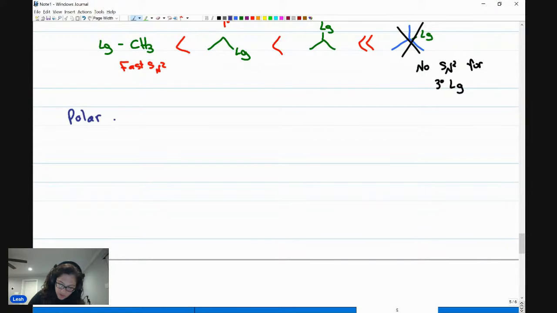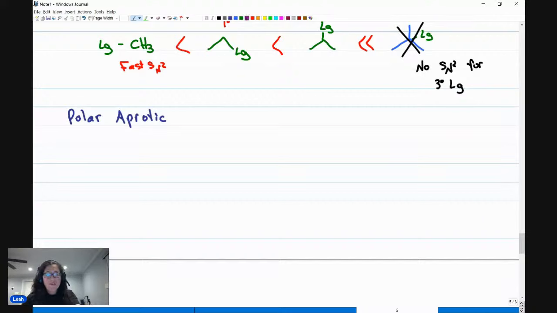The idea with a polar aprotic solvent, as opposed to the polar protic solvent, which we talked about but didn't name for the SN1 reaction, is that the polar aprotic solvent does not have hydrogen bonding, and therefore the polarity difference in the solvent is not enough to stabilize any sort of carbocation intermediates.